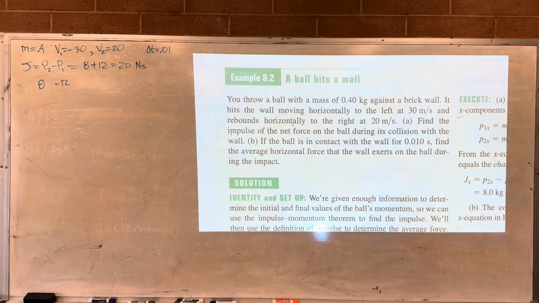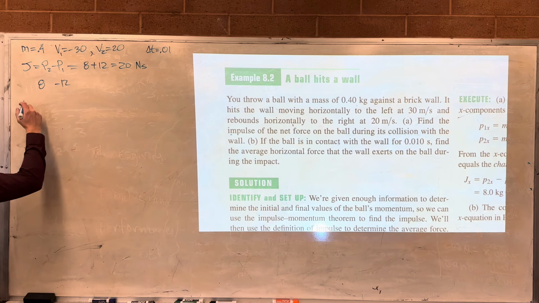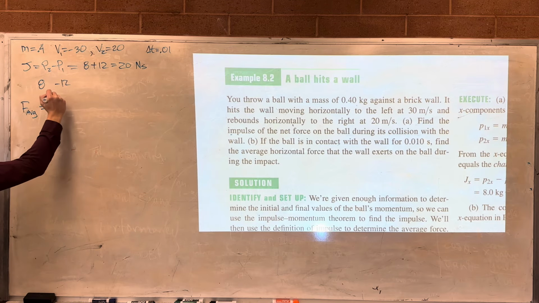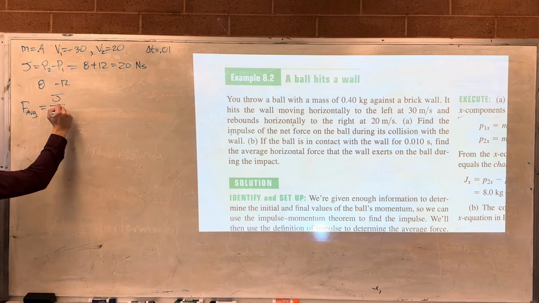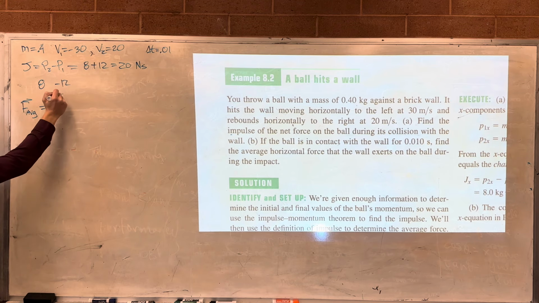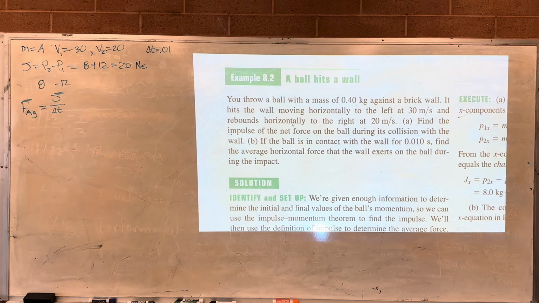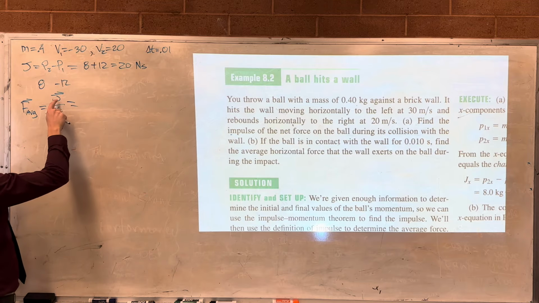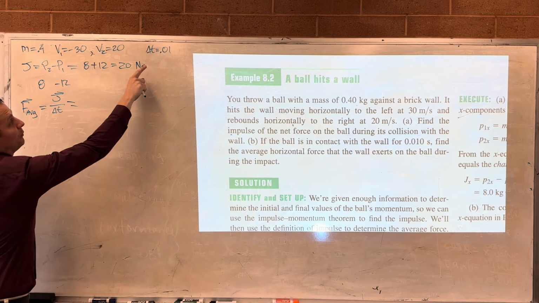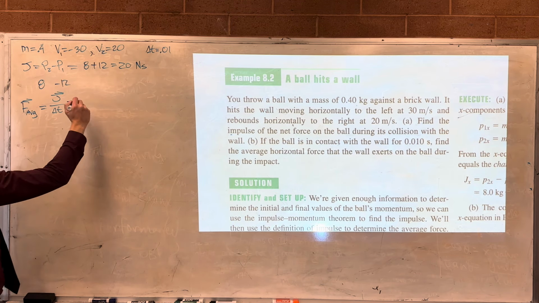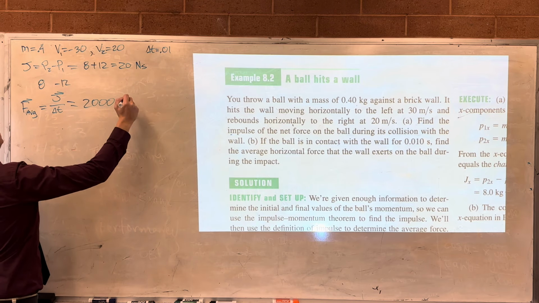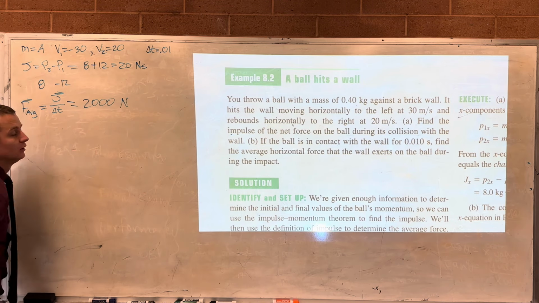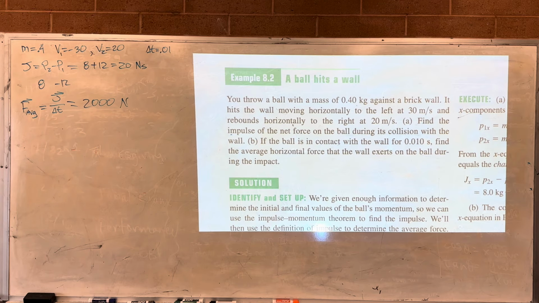One of the first things we talked about. Typically a vector quantity, right? And so what is this equal to? Well, 20 divided by 0.01 gives you 2,000 newtons.